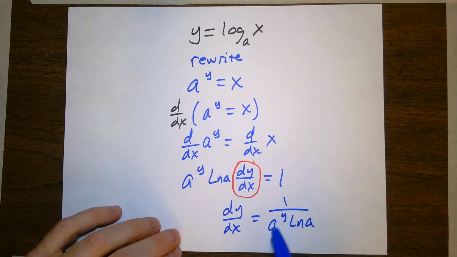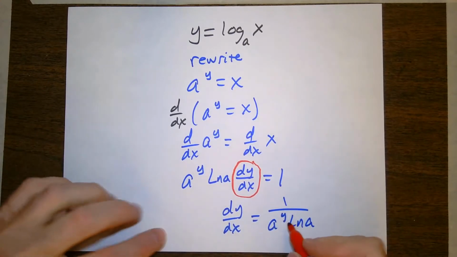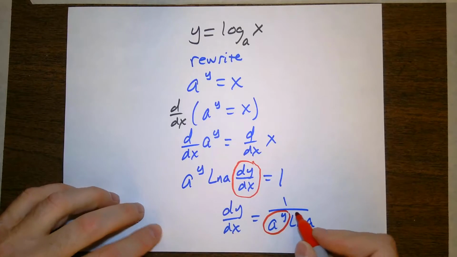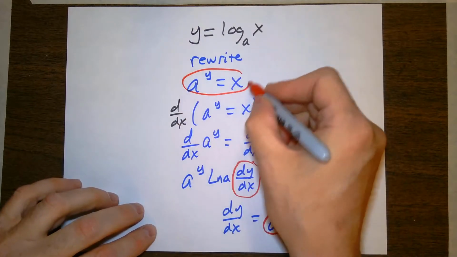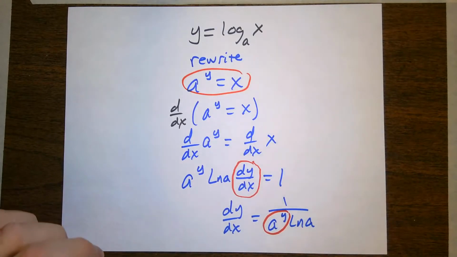And as you can imagine, this a to the y, that's a bit of a problem. What is that? That's a little bit awkward there. What can I do to this? What is a to the y? I want to replace this. Well, if I look up here, I know that a to the y is x. So I can replace this with x.